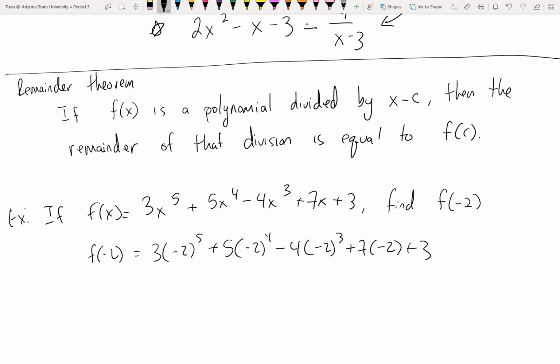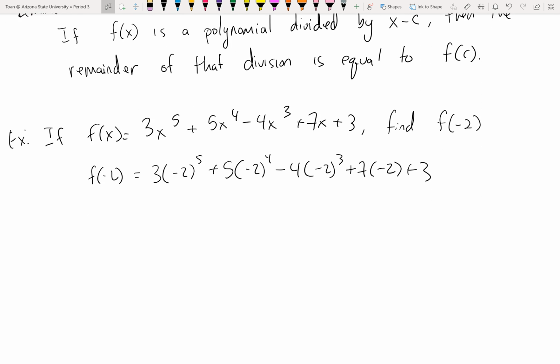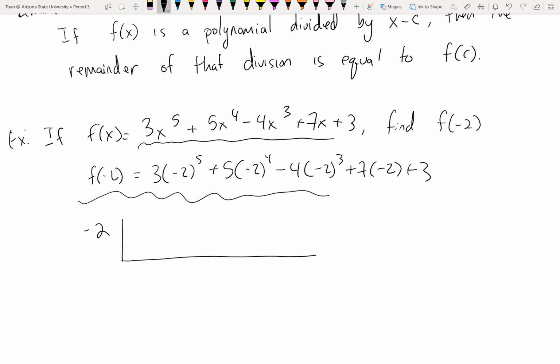What the remainder theorem says is I can skip all of that, right? I don't have to do it the hard way because, according to the remainder theorem, if I do synthetic division with this number here, negative 2, with this function here, so what's that? That's 3, 5, negative 4, he's missing an x squared, 0, 7, 3.